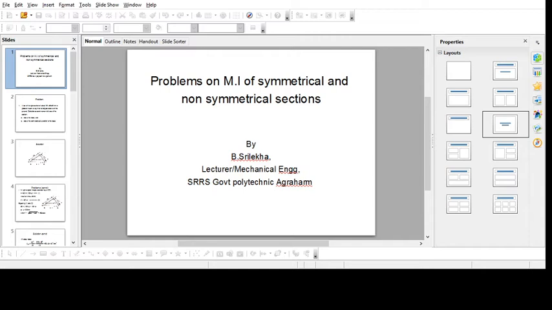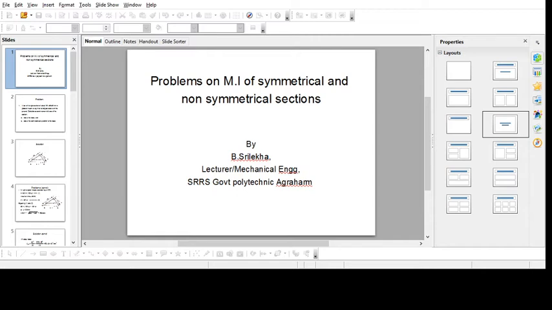So 120 into 20 cube by 12 plus area, 120 into 20, which is 2400, into H1 square, that is 44.28 minus 10, so 34.28 square. You will get a value of 29 lakhs 284.2 mm to the power of 4. So this is how we get the value.